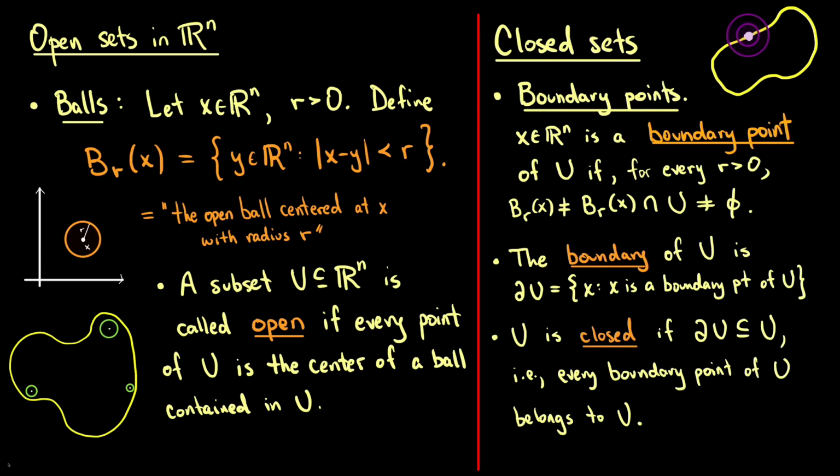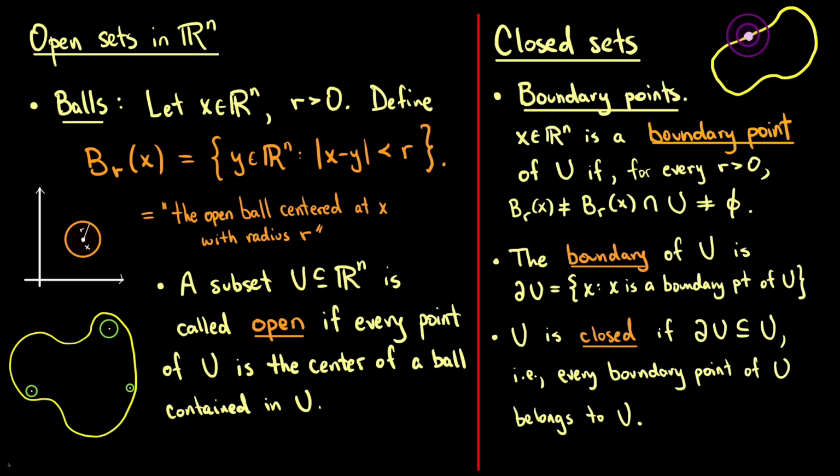Okay, before we can talk about limits and continuity of functions of many variables, we need to discuss some topology. So I need to tell you about open and closed sets. And we begin by talking about what an open ball is. So if we're given a point x in Rn and a positive constant r bigger than 0, the open ball centered at x with radius r is just the set of all points in Rn which are less than r away from x.